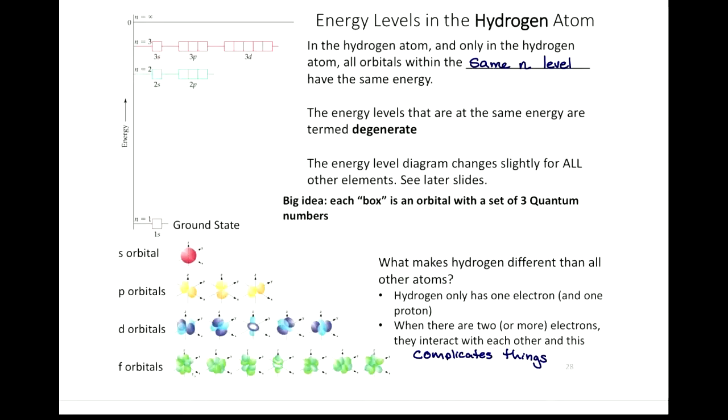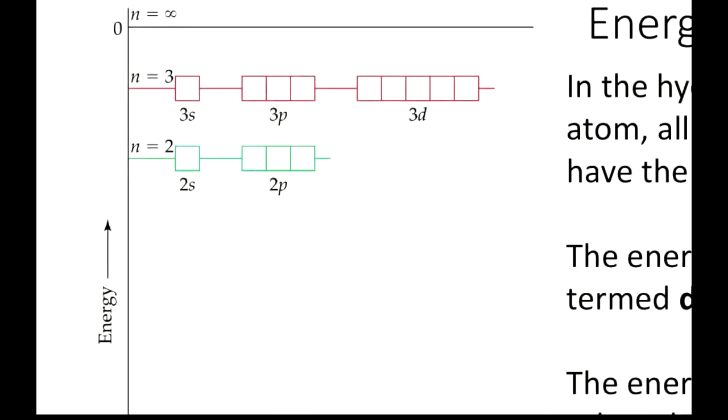Note how all of the orbitals within the same energy level, like n equals 2 here, are all the same energy. See how this one box is the same energy as these 3 boxes next to it. We call that term degenerate. We say that these orbitals are degenerate, meaning they have the same energy. If I wanted to place an electron in n equals 2, I could put it here, or I could put it here.